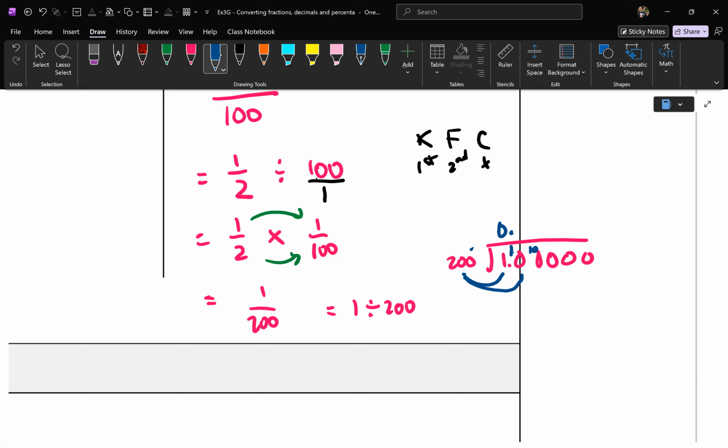Can you fit 200 into 100? No, no again. Whoops, I forgot the 0 there. And then finally, carry the 100 over, so it becomes 1,000. How many 200s in 1,000? And that's how you get 0.005. So if you do it by hand, that's what it looks like.